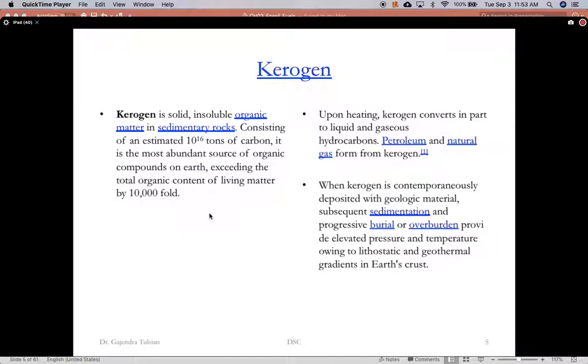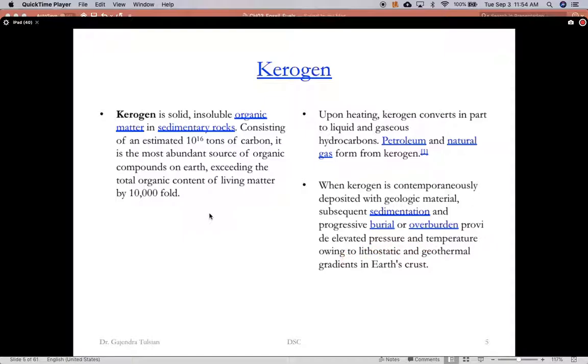Upon heating, kerogen converts in part to liquid petroleum and natural gas. So, how does this heating happen? When kerogen is deposited in geological material, that is sedimentation, subsequent sedimentation and progressive burial, or overburden, provides elevated pressure and temperature.